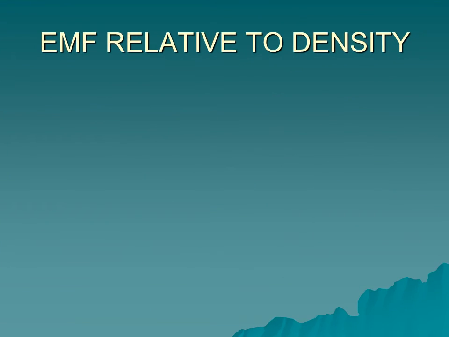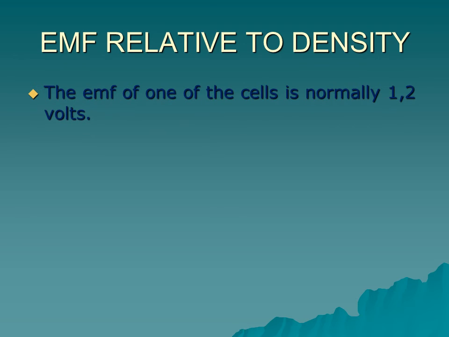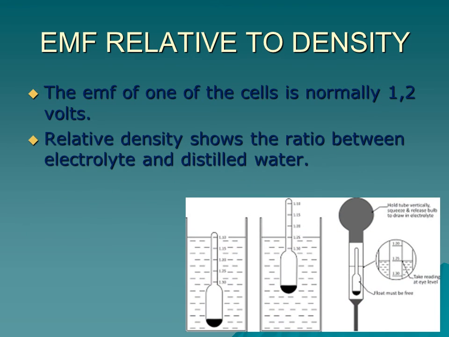EMF, or electromotive force, relative to the density of the electrolyte. The EMF of one of the cells is normally approximately 1,2 volts. The relative density shows the ratio between electrolyte and distilled water.